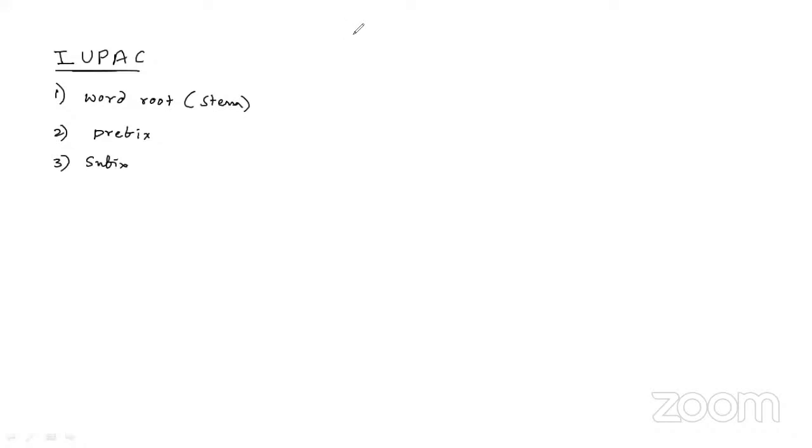In the IUPAC nomenclature for heterocyclic compounds, word root describes the number of atoms, or simply we can say the size of the ring. It describes the size of the ring.